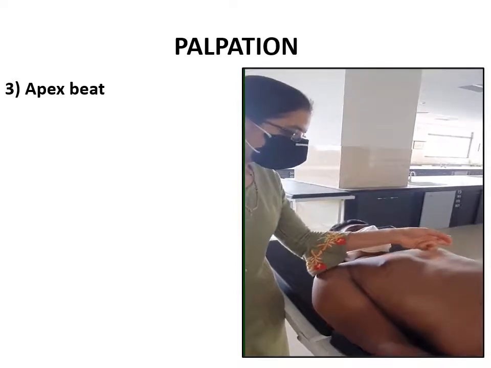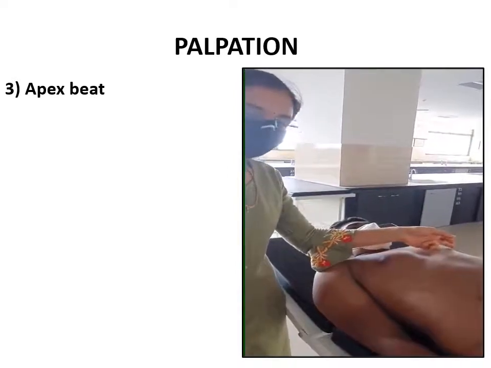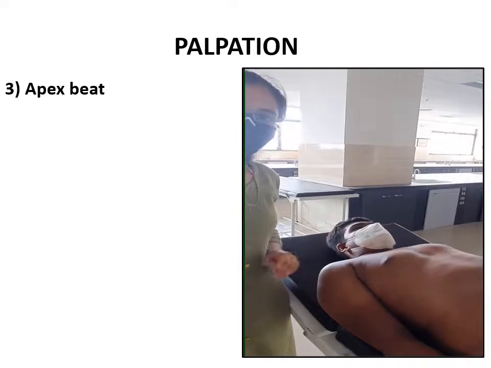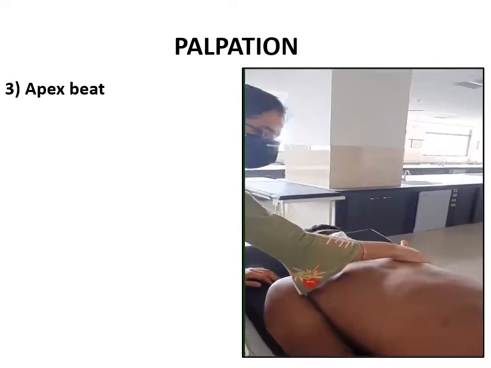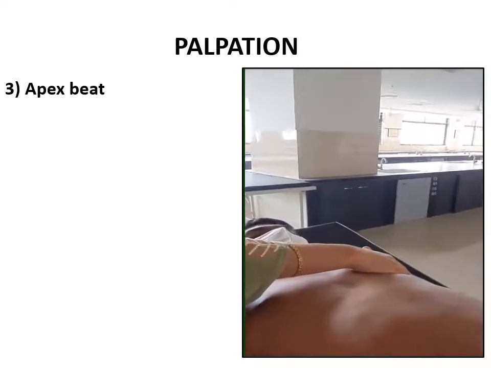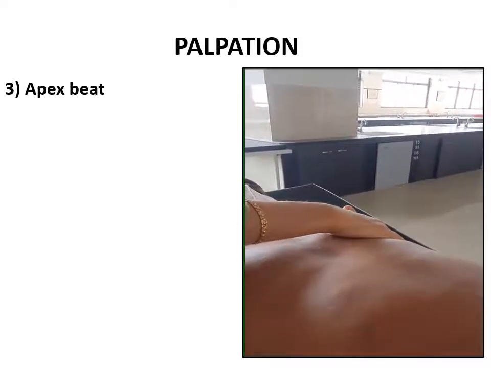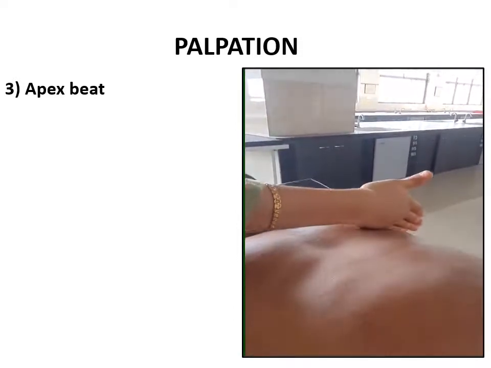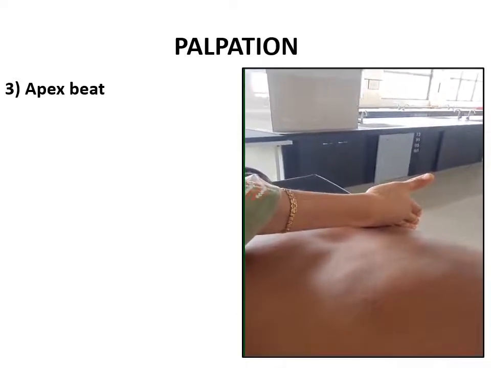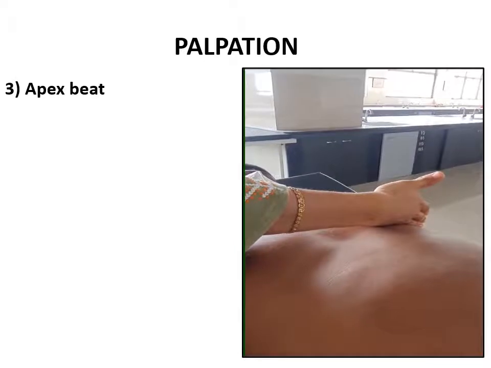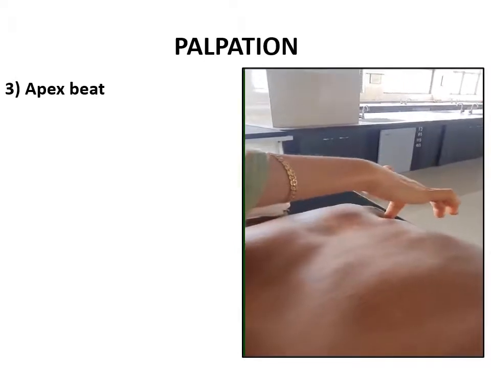So half an inch medial to the mid-clavicular line in the left fifth intercostal space. First we use our palm to feel for apex beat, then you locate it by the ulnar border, then with the finger.